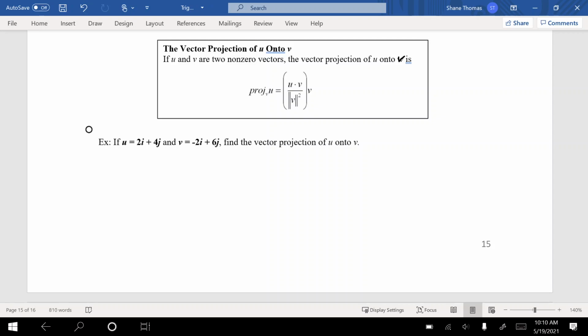Now, what this is essentially doing is, I'm going to try to draw a little thing here. Say this would be v, and this would be u. The projection of u onto v, if those are my two vectors, would be essentially doing this at a right angle. Okay?